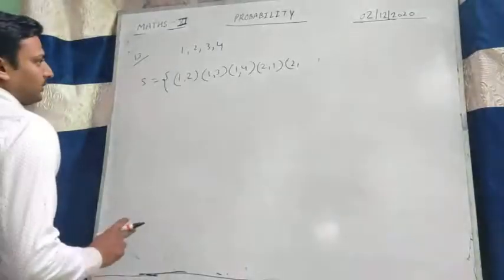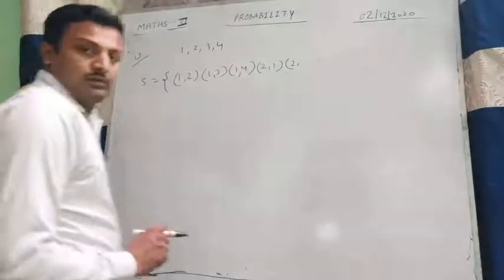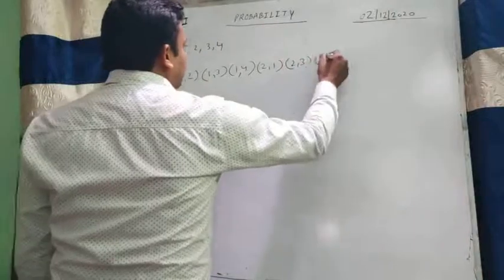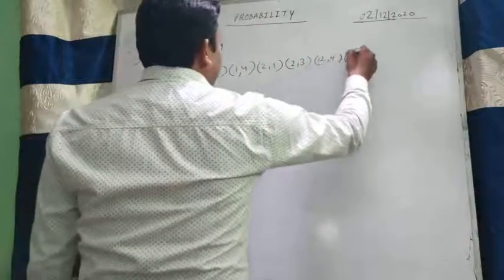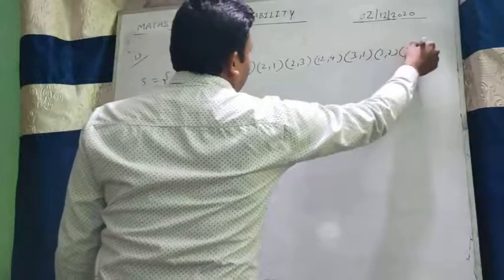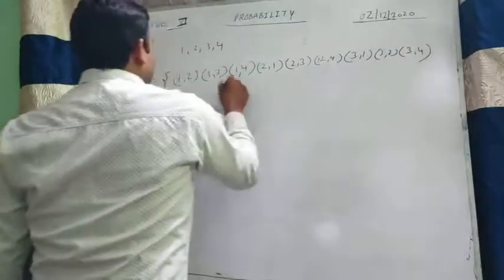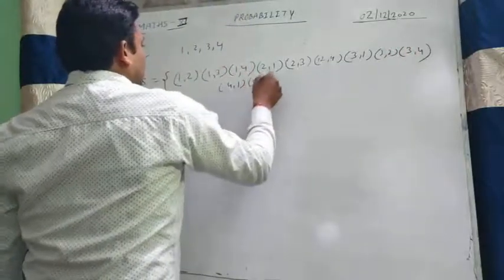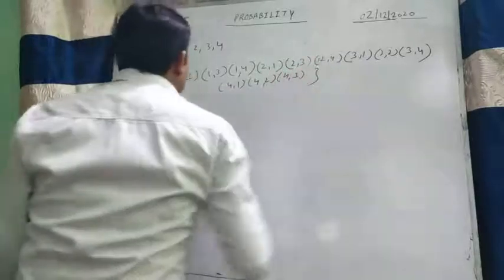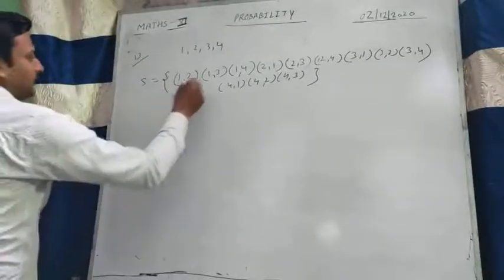So it cannot be the same number, because replacement is not allowed. So we can say 2,3, 2,4, 3,1, 3,2, 3,4, 4,1, 4,2, 4,3. So the sample space will be this.